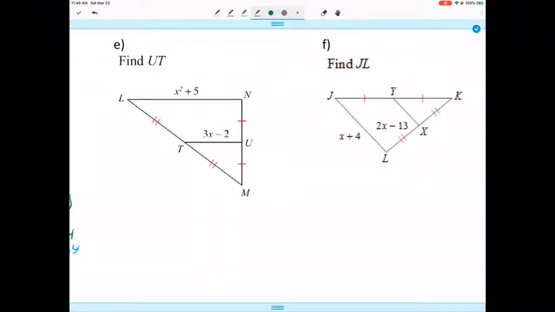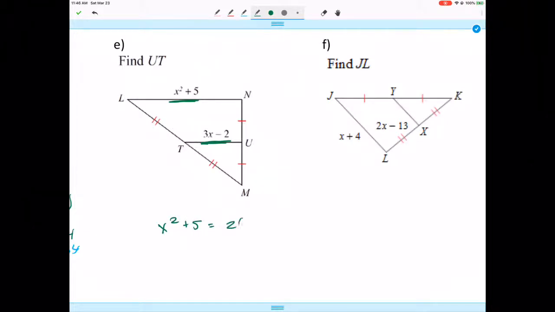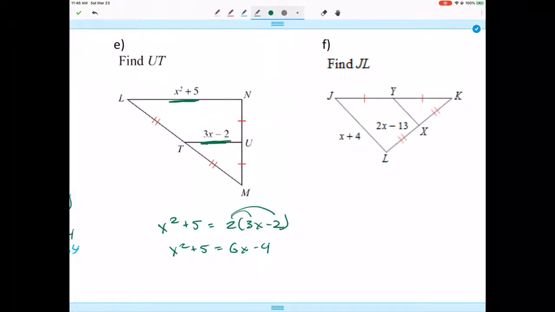All right, E, same thing. We'll be able to say that the larger side, these are similar. So x squared plus 5 is 2 times 3x minus 2. We distribute that and get x squared plus 5 equals 6x minus 4.